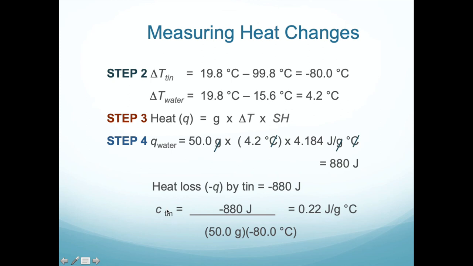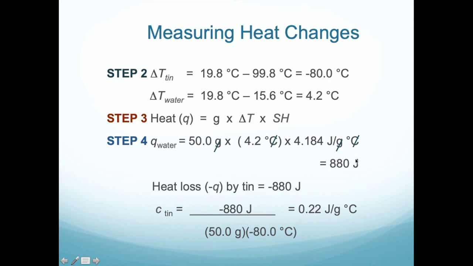So, like I said, you want to start off by solving for water. We know that our water has a mass of 50 grams, a specific heat capacity of 4.184 joules per gram degree Celsius, and we saw that delta T is 4.2 degrees Celsius. If we multiply those three numbers, grams cancels out, degrees Celsius cancels out, and we're left with around 880 joules.